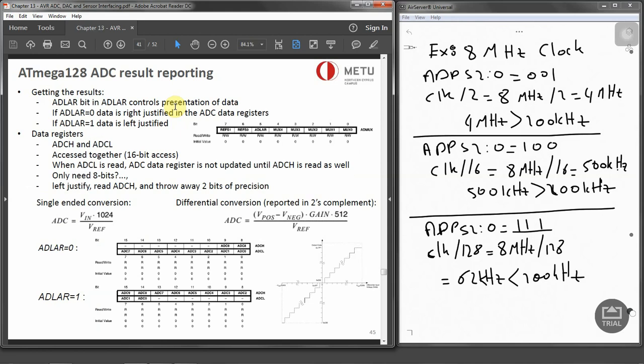Or what you can do is just left justify. We can just use the 8 bits of it, which will be enough in some cases. We can read the high byte of the converted data and throw away the 2 bits that we have. And this is actually how it is represented with the registers itself.